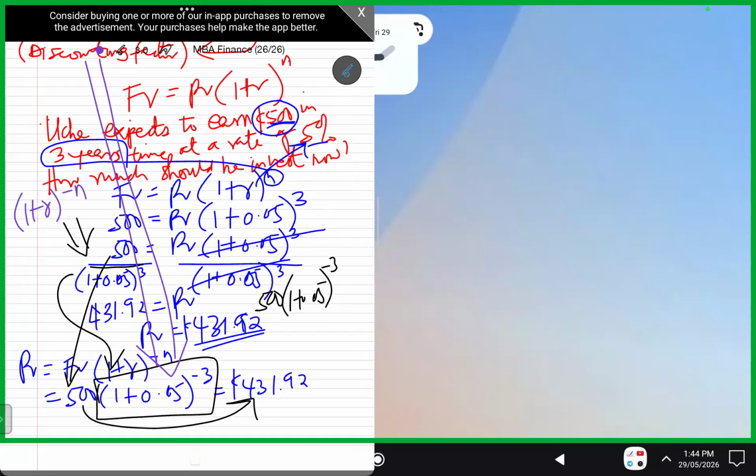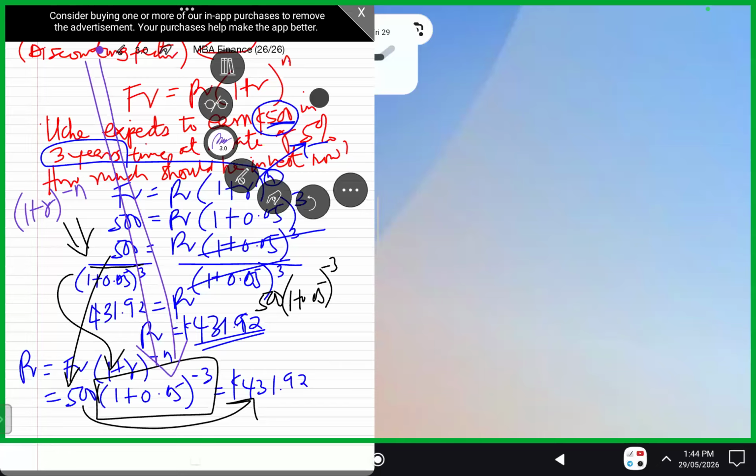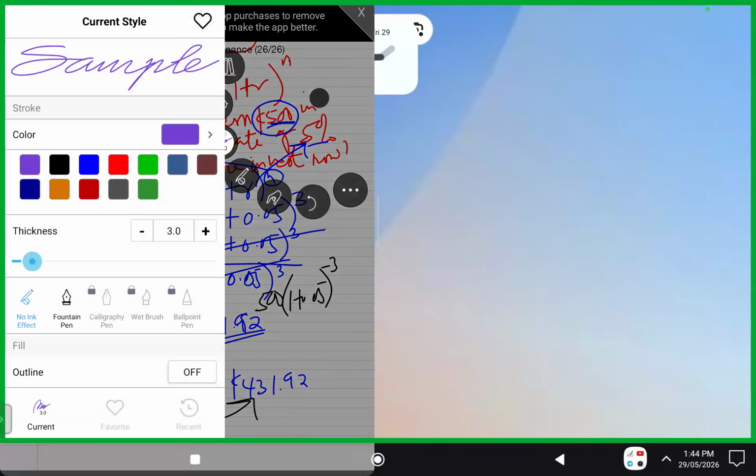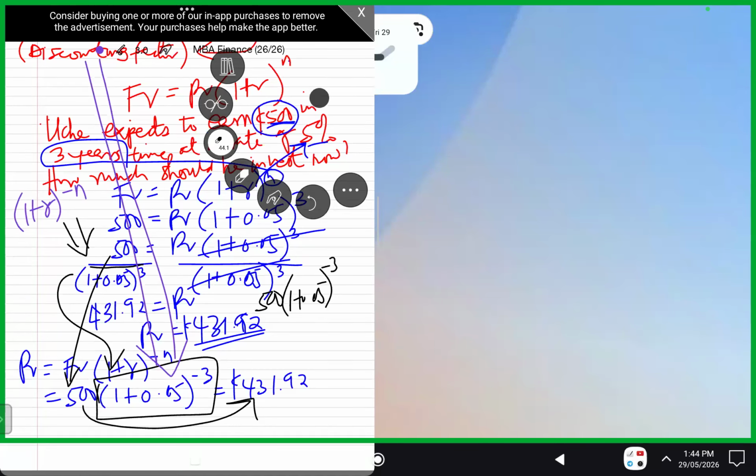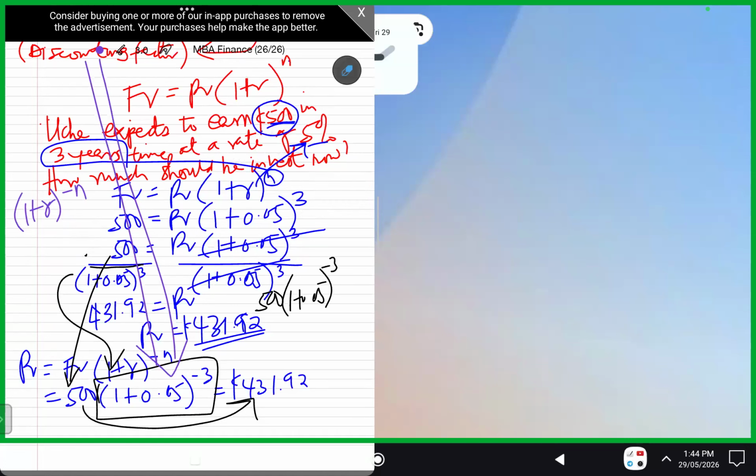Are you getting it? And we have the compounding factor, which is (1 plus R) exponent positive n. The discount factor is exponent negative n; the compounding factor is exponent n.